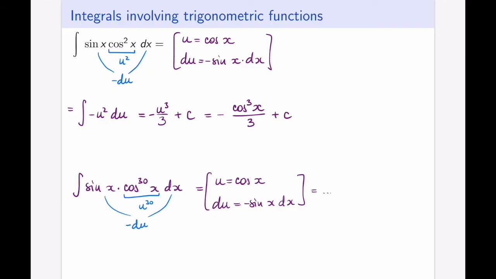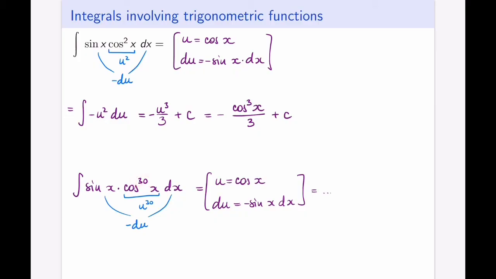So what is important here is the fact that both sine and cosine are present, therefore setting u to be cosine produces this extra bit of the sine x that does appear in the integral and therefore can be combined into the du, but what really doesn't change the entire method of evaluating this integral is the power itself.